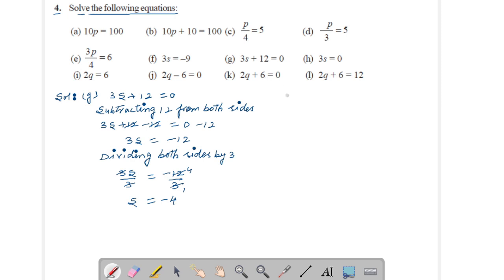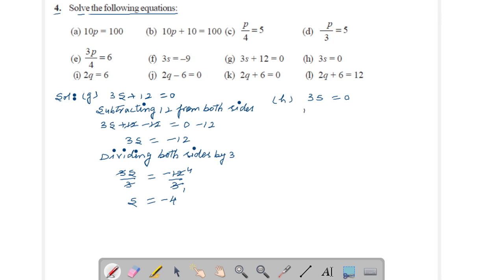Now come to H part. It is 3s equal to 0. How do you remove this 3 from s? By dividing it by 3.